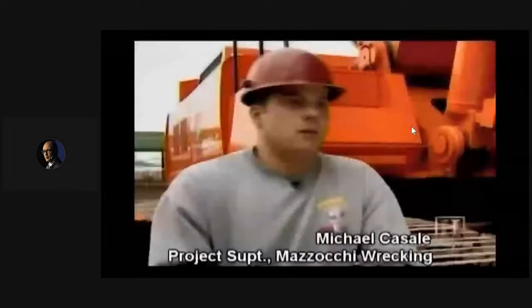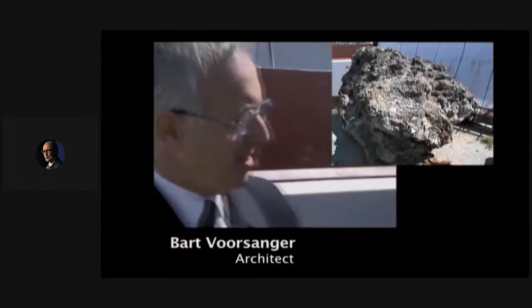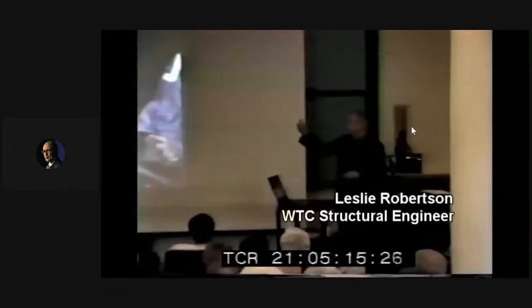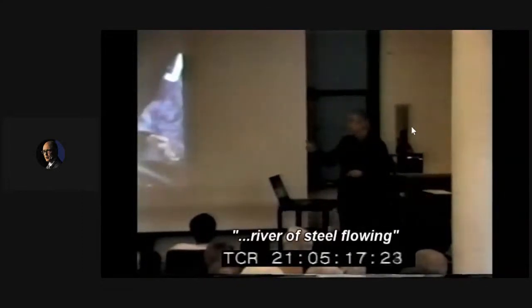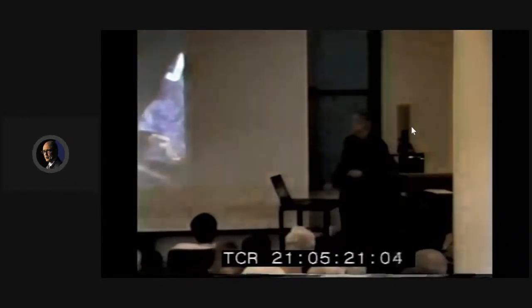And the cleanup was very difficult in the beginning. Steel was coming out red in certain areas from the first couple of weeks. This fused element of steel, molten steel. And they pulled off a big block of concrete, and there was like a little river of steel flowing. A river of steel flowing.